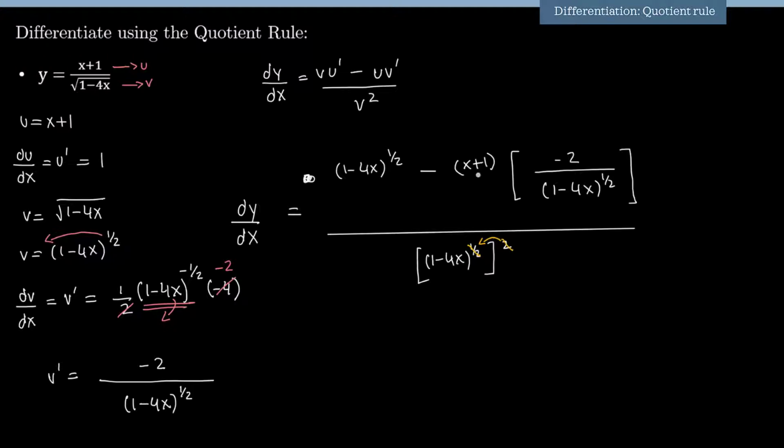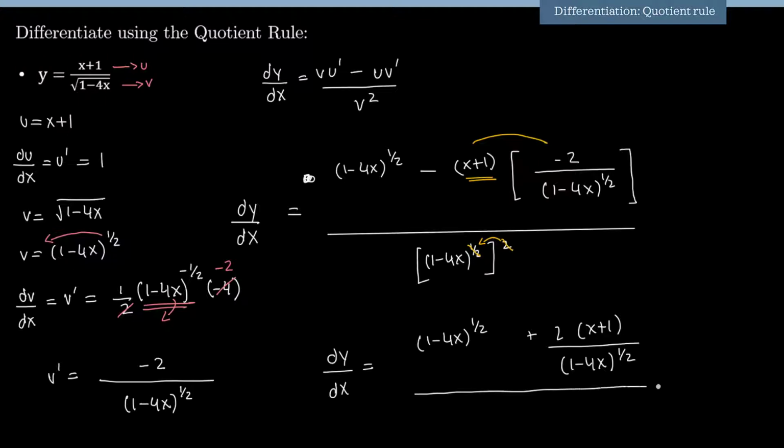And if I simplify the numerator by multiplying x plus 1 by minus 2, I would get dy upon dx is equal to 1 minus 4x whole power 1 upon 2, and then minus x plus 1 times minus 2 is going to be positive 2 times x plus 1 divided by 1 minus 4x whole power 1 upon 2, and then divided by 1 minus 4x whole power of 1. So this is dy upon dx. This is the derivative of this function.